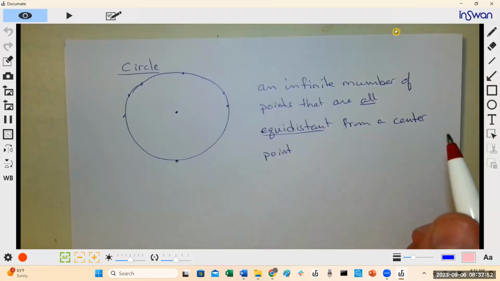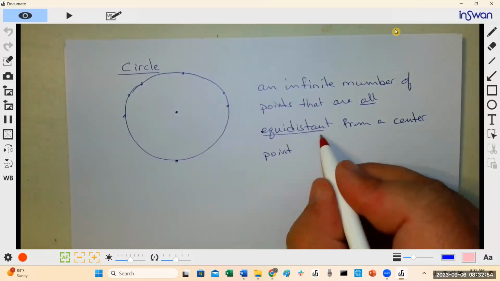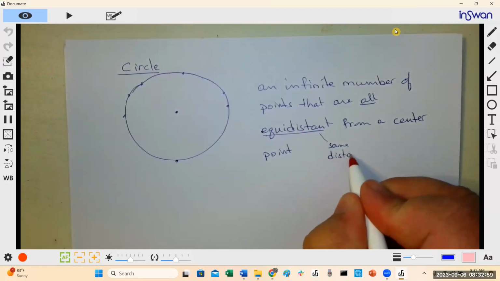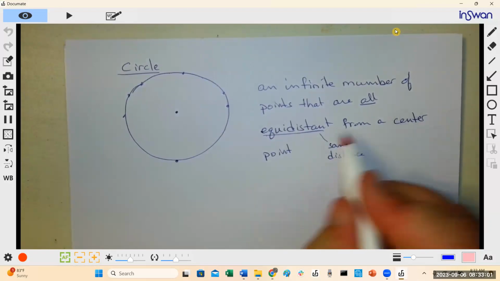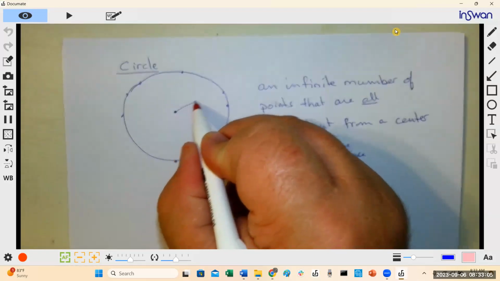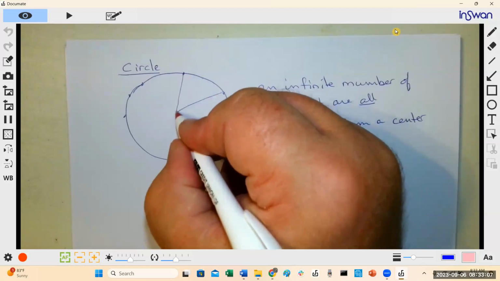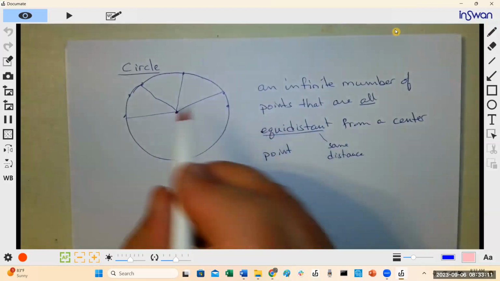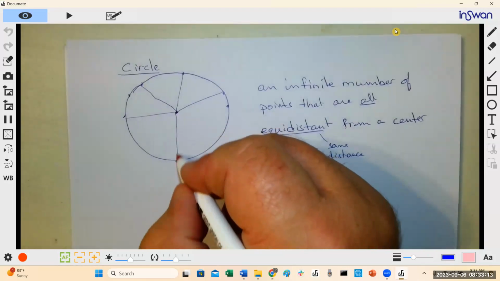Equidistant means they're all the same distance. They're all the same distance from a center point. Here's your center point. So all these points on our graph are all the same distance away from that center point.